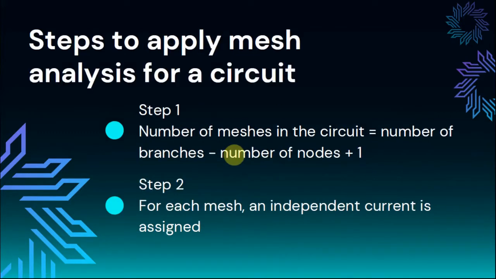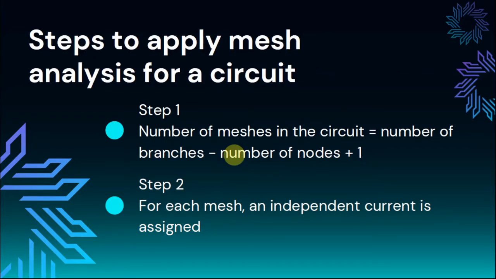Now we will discuss the steps to apply mesh analysis to any given circuit. First step is to calculate the number of meshes in the circuit. How many loops are there? As we already mentioned, a mesh is a closed path which should not have any other loop within it.